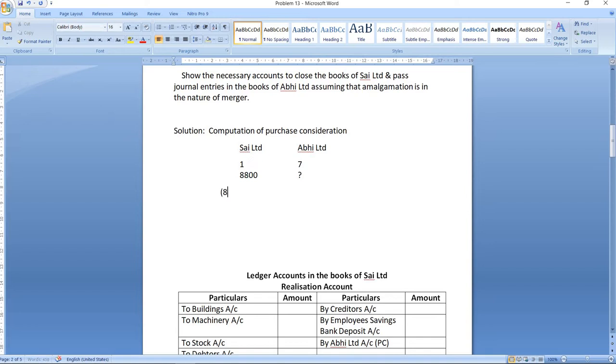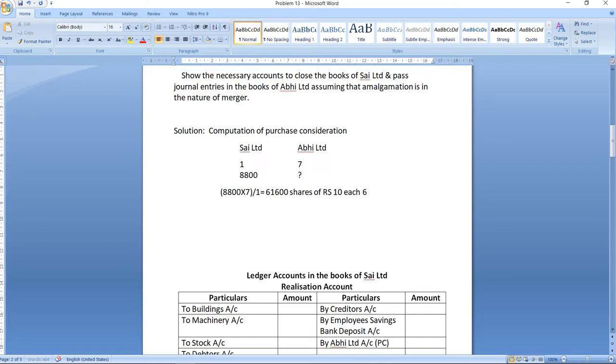So 8,800 into 7 divided by 1. So that will be 61,600 shares of rupees 10 each. 10 is the face value.